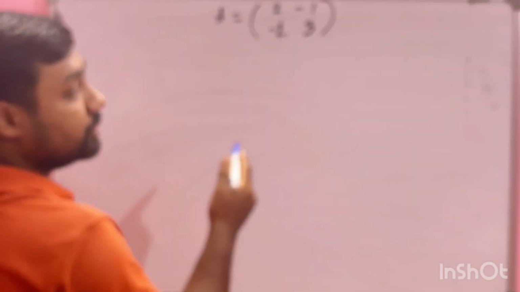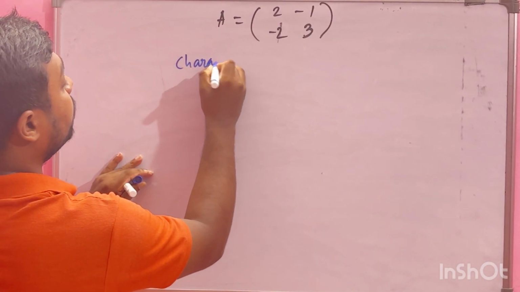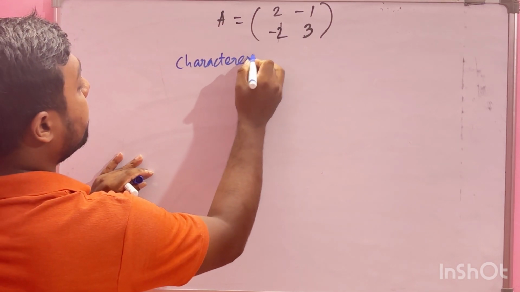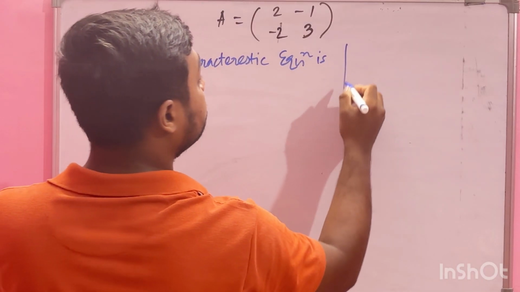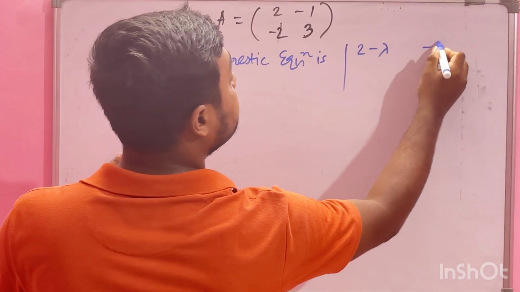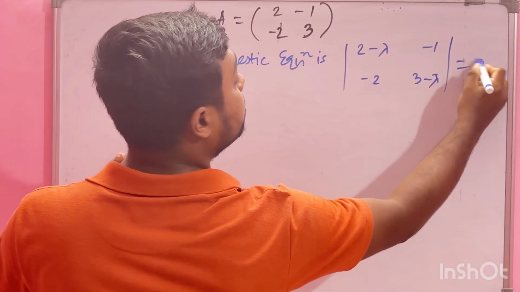Now let's first find the eigenvalue of this matrix. So the characteristic equation is |2 - lambda, -1; -2, 3 - lambda| = 0.